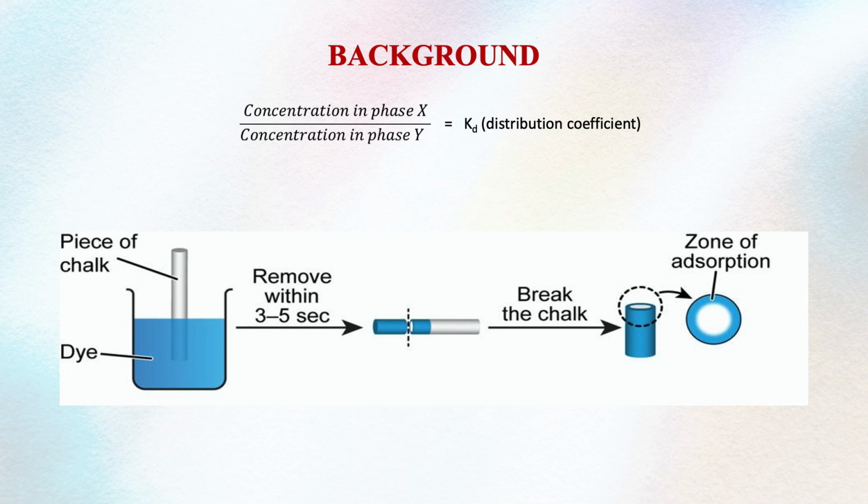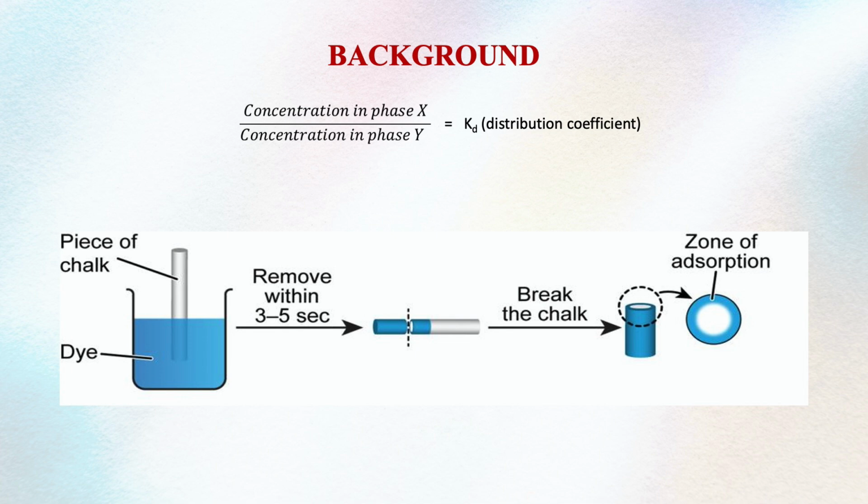The white chalk which you have taken initially now has a blue color, a dye color, on the top of the chalk. However, in the middle of the chalk you can see a clear zone without any dye. What are we trying to convey in this entire exercise?